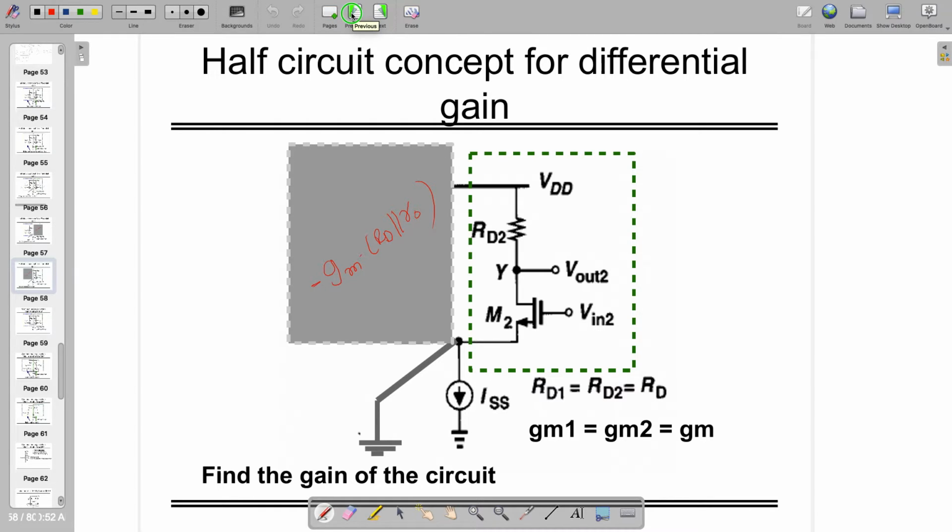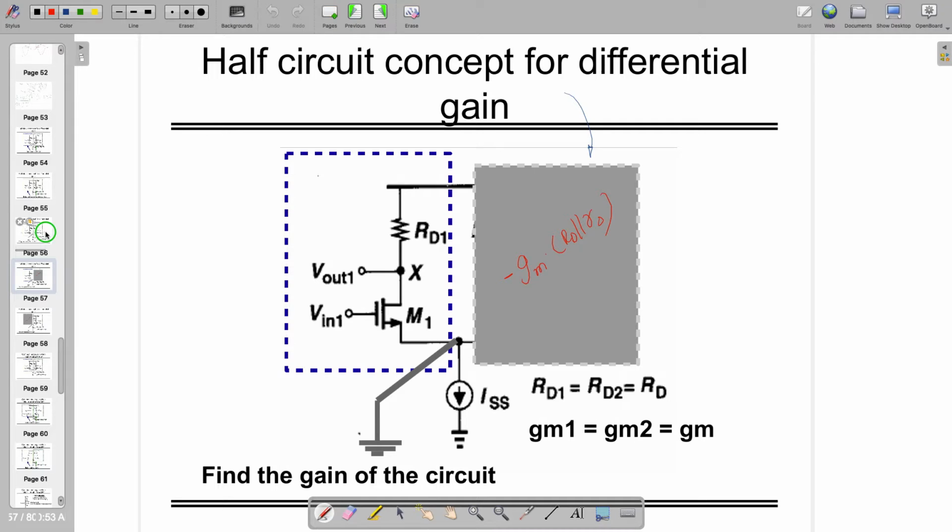So notably, both sides' gain is equal if both are identical, and when you take the difference, the gain is the same as what you got here, right? So it's minus gm times rd in shunt with ro. That is going to be seen in both conditions. This is what we are calling the half circuit.